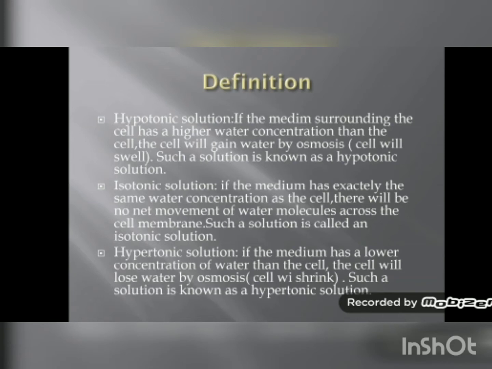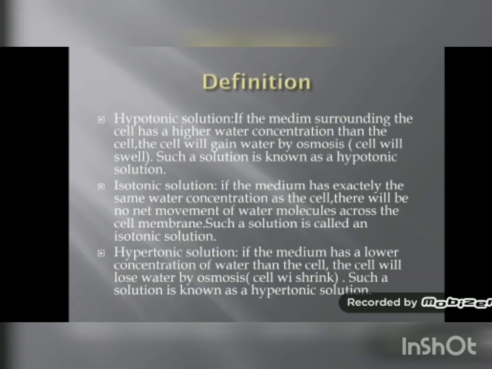Now the third type of solution is hypertonic solution. If the medium has lower concentration of water than the cell, then the cell will lose water by osmosis. That is, the cell will shrink. Such a solution is known as hypertonic solution. It means in hypertonic solution the medium surrounding the cell has lower water concentration.